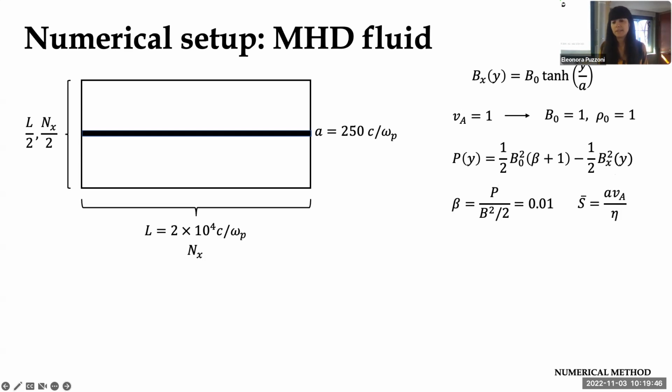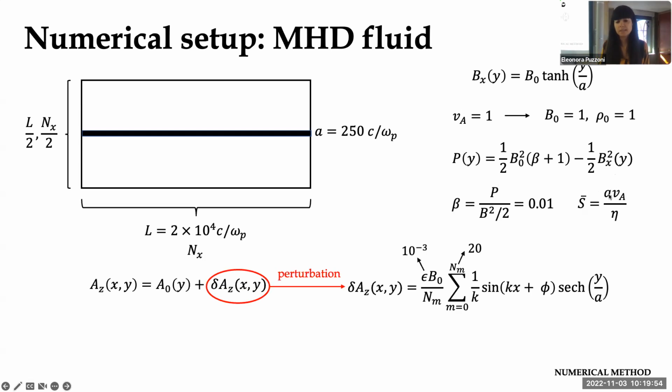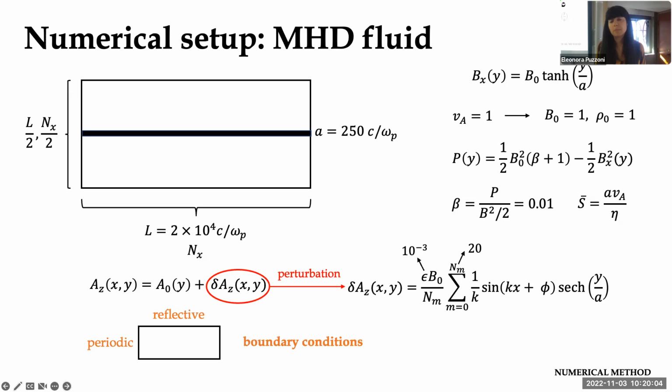For convenience, the resistivity eta is prescribed from S-bar, that is the Lundquist number corresponding to the initial current sheet width a. This equilibrium condition is perturbed by inserting a fixed number of small amplitude modes. And finally, for the boundary conditions, we have a periodic condition along the X direction and a reflective condition along the Y direction.